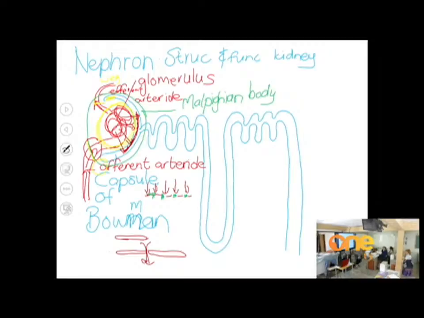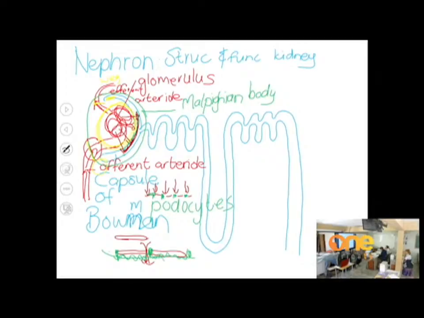And those cells are called podocytes. Podocytes are cells that block the openings between the epithelium of the Capsule of Bowman. Sorry, they are in the Capsule of Bowman. They are not in the blood vessel. They are in the Capsule of Bowman, but they also block those openings. Podocytes.